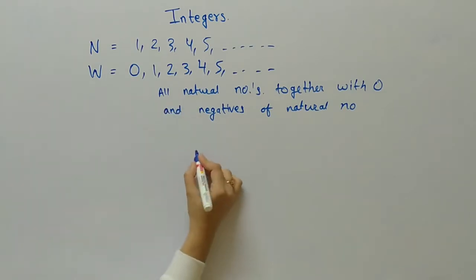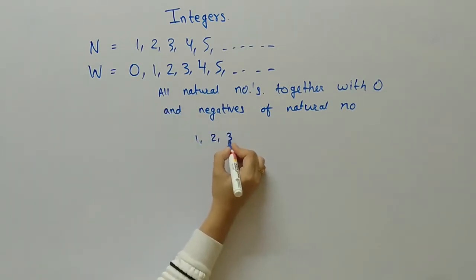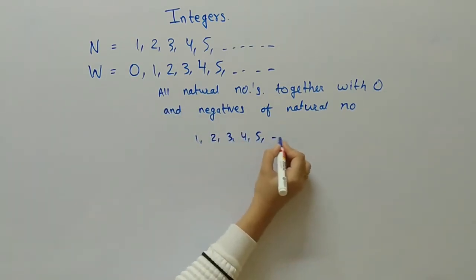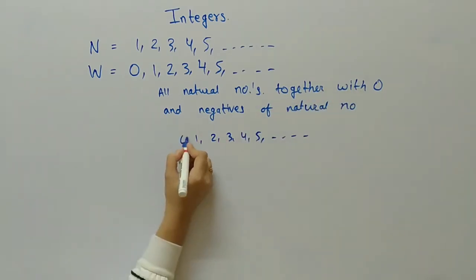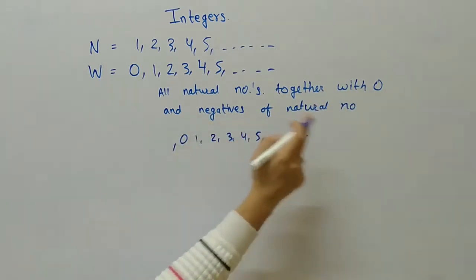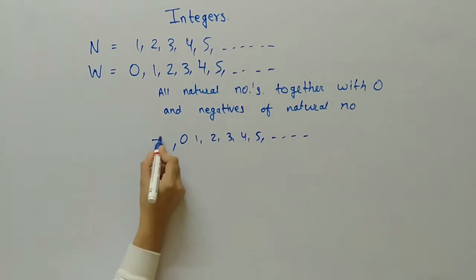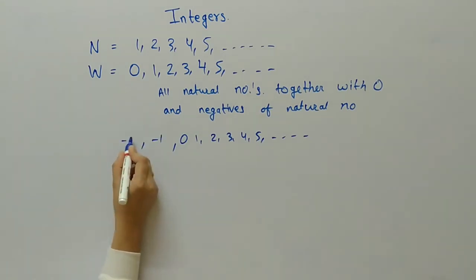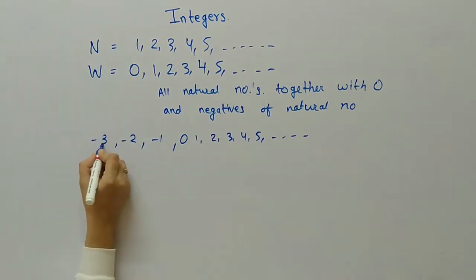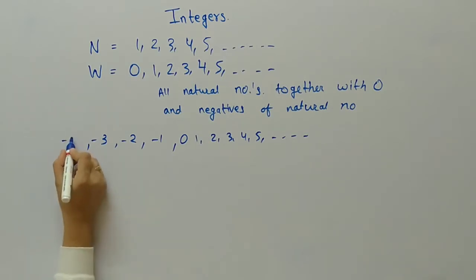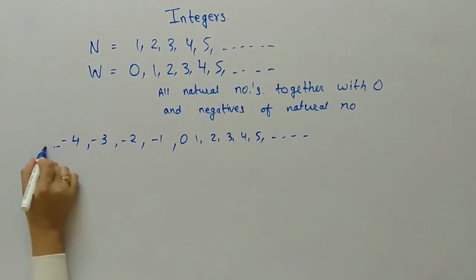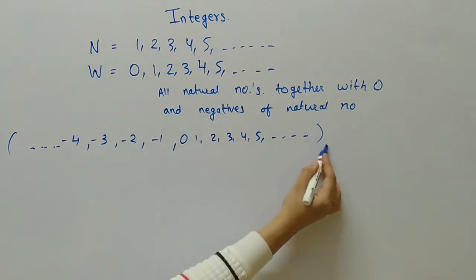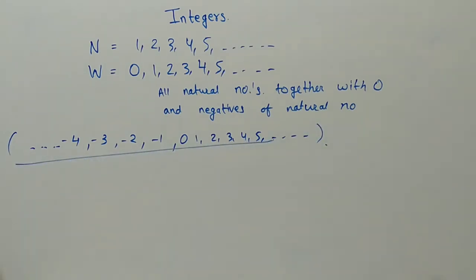So all natural numbers, it means 1, 2, 3, 4, 5, together with 0 and negatives of natural numbers. So negative of 1 is minus 1, negative of 2 is minus 2, negative of 3 is minus 3, negative of 4 is minus 4. So all these types of numbers are known as integers.